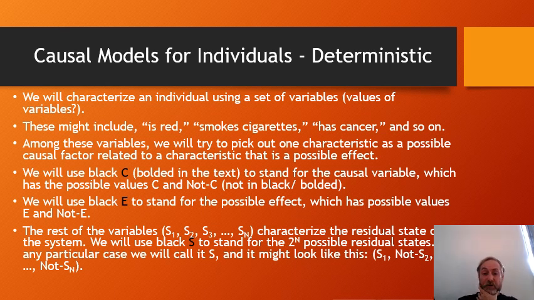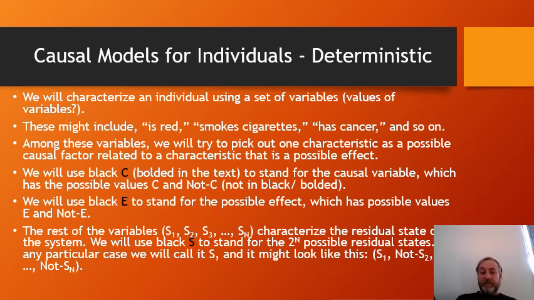So you look at my residual state, it might look like this. For the variable skin, fair or not fair, I have fair. So S1 is fair. For the variable is African American or not, I'm going to be not, and so on. Obviously, there's an infinite number of ways you could characterize these variables.